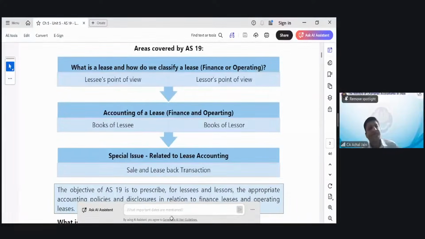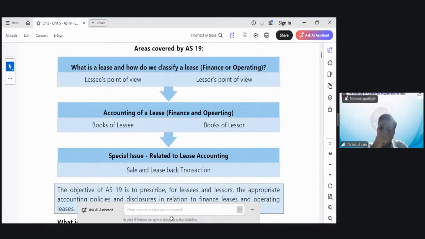Leases. AS 19. This topic is about leases. A lease, you can say, is a kind of arrangement or a contract between two parties.